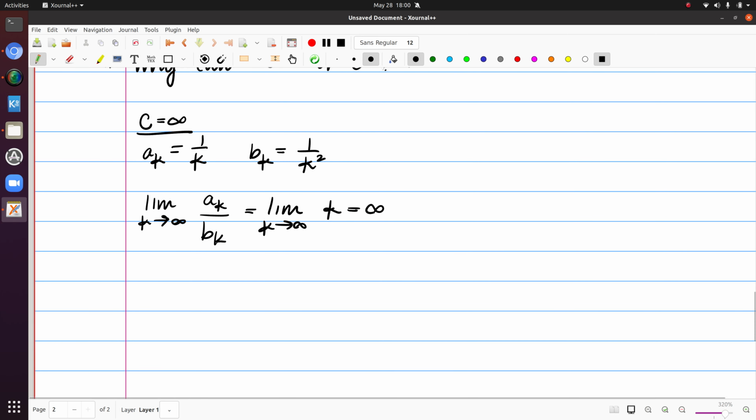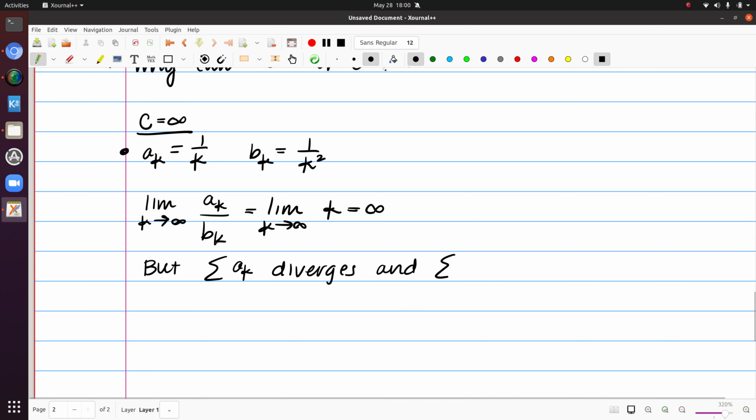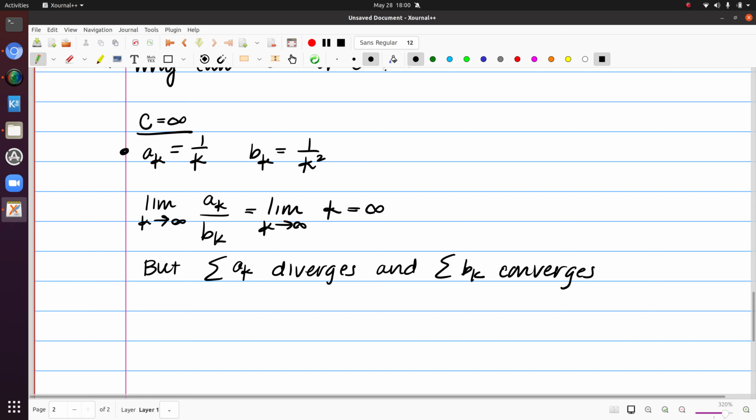And here we get that the sum of a sub k diverges and the sum of b sub k converges. So I have an example here where the limit that we're looking at is infinite and the series behave differently.